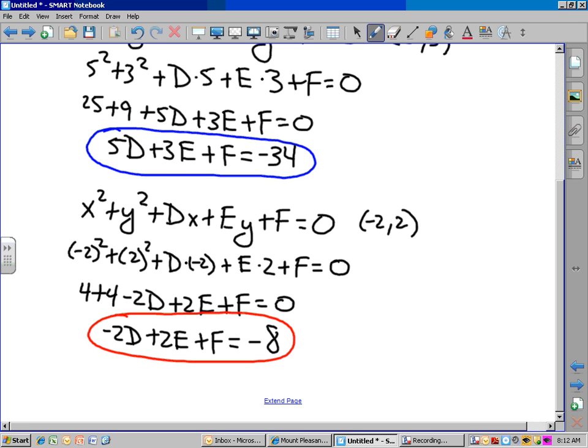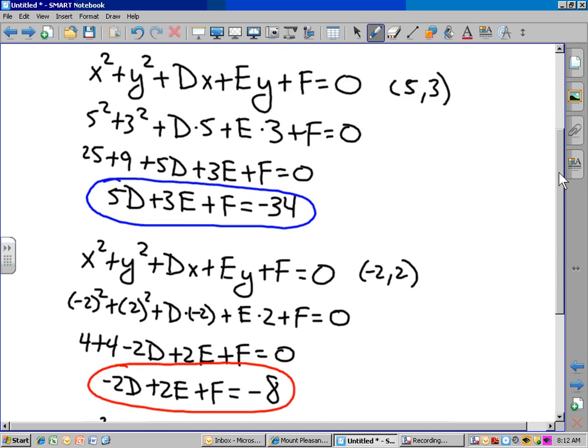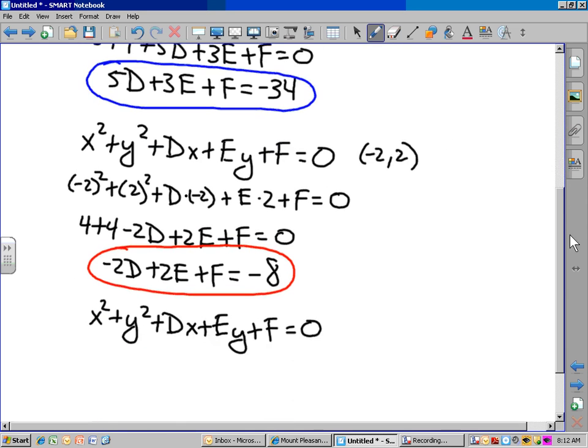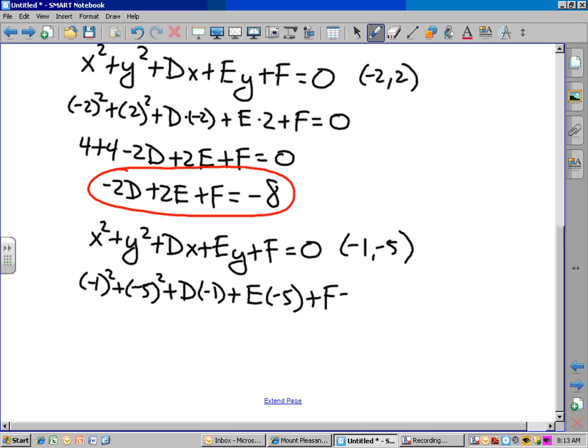Last one. And the last point is -1, -5. So -1 squared plus -5 squared plus d times -1 plus e times -5 plus f equals 0.